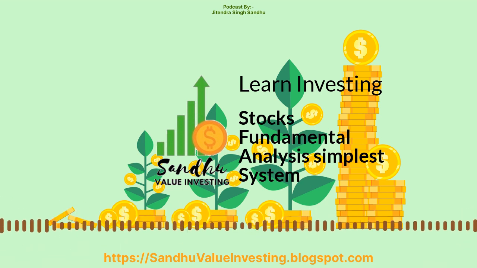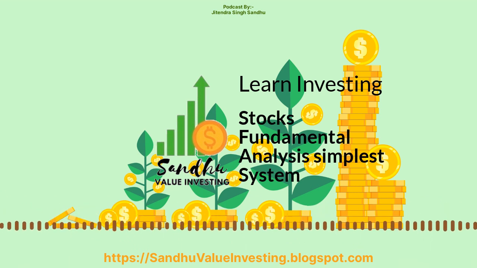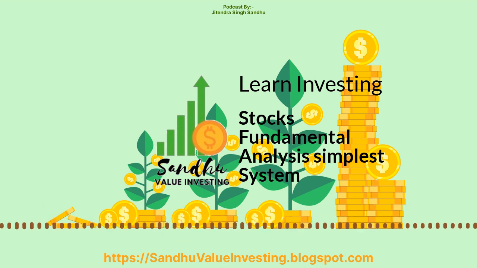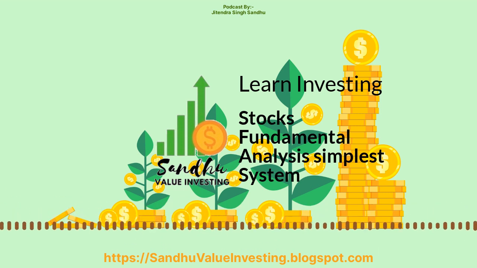From there you can find the particular stocks which are going in your direction. Don't worry, I will explain what your direction is. The stocks whose values are going in your direction are the favorable stocks for you.